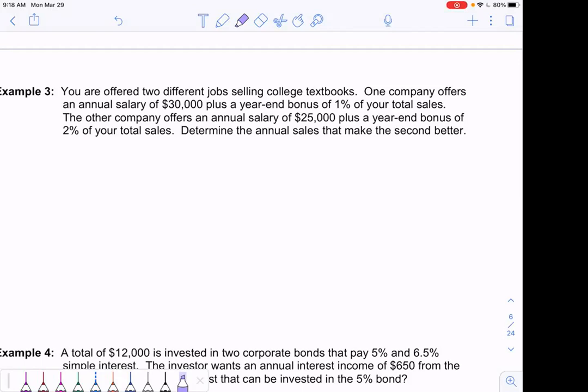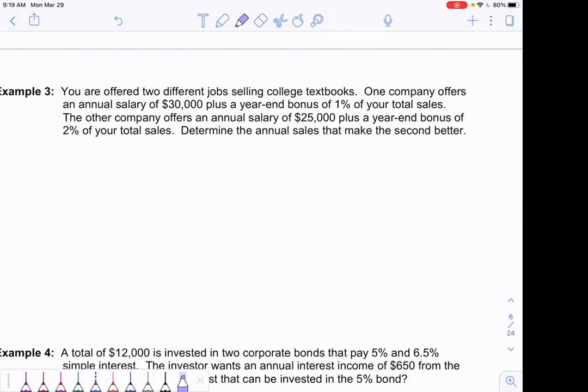Usually on top of a salary, you end up having some amount of your total sales going into your salary, whether it's at the end of the year or at the end of each month. But how much did you sell? You get a percentage of that on top of your salary. Kind of like if you are a waiter, you always end up with tips. So this is kind of like your tips in a way.